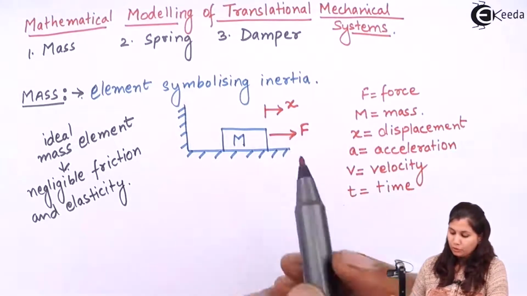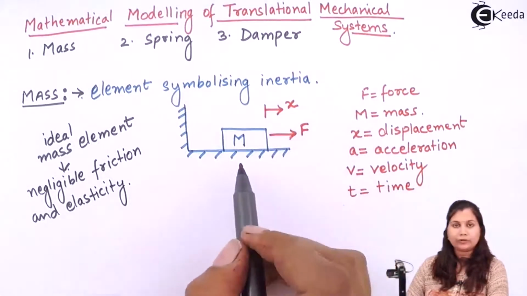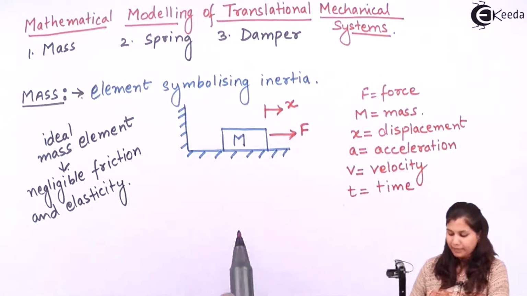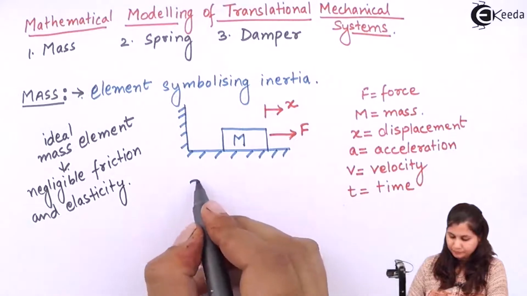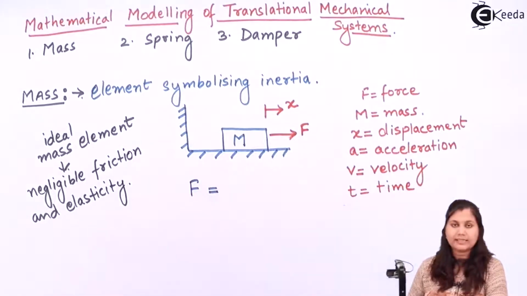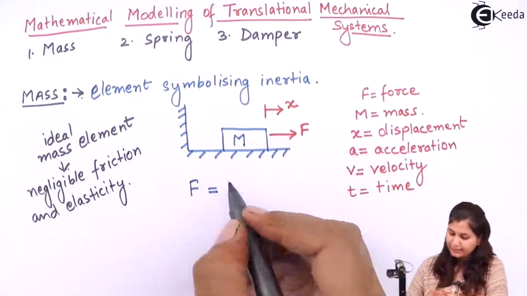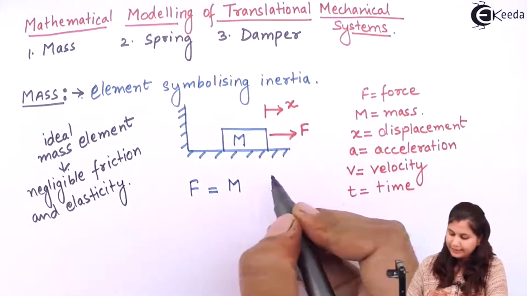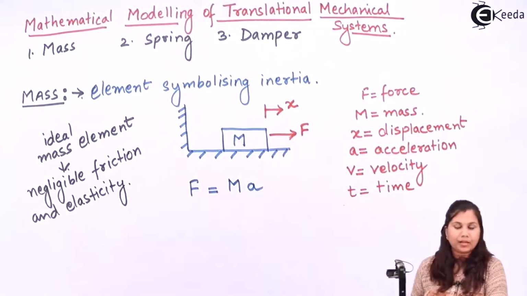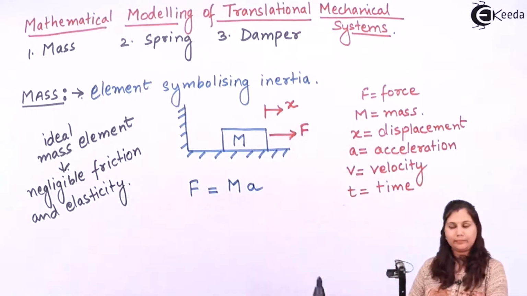Okay, so this force which is applied on this mass element m will be given by, we know that force is equal to mass into acceleration. So mass is m and acceleration is a. So F equals ma.